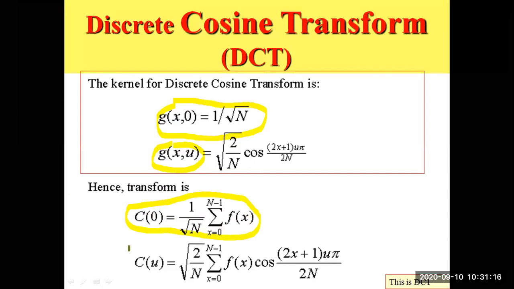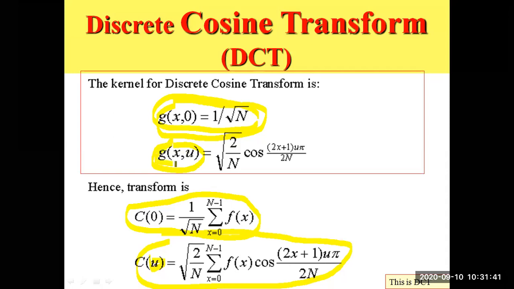If you want to form it at some value of the u coordinate, the transform is given by the same, square root of 2 by n into the sum over x equal to 0 to n minus 1 of f of x into cos of (2x plus 1) u pi divided by 2n. So this is the DCT for one dimension at center 0.